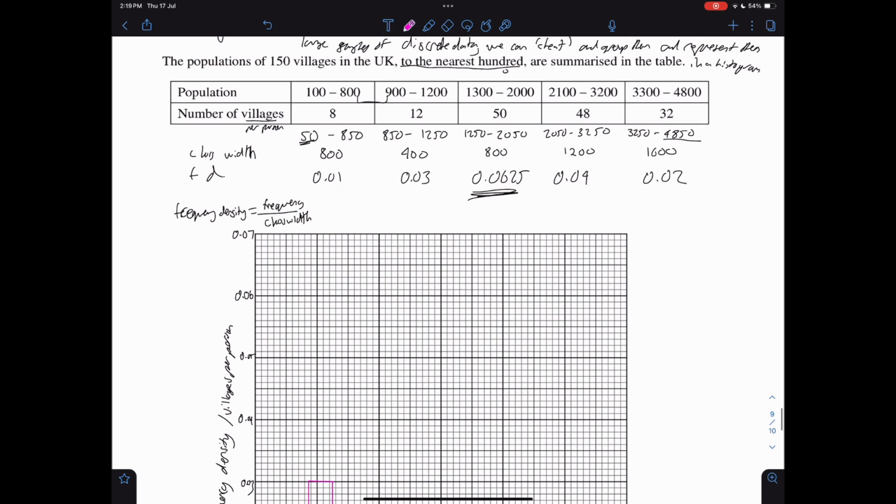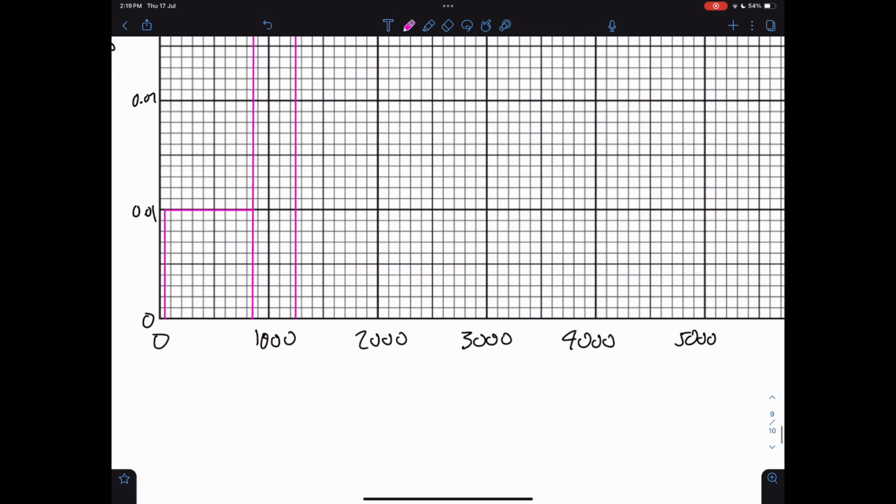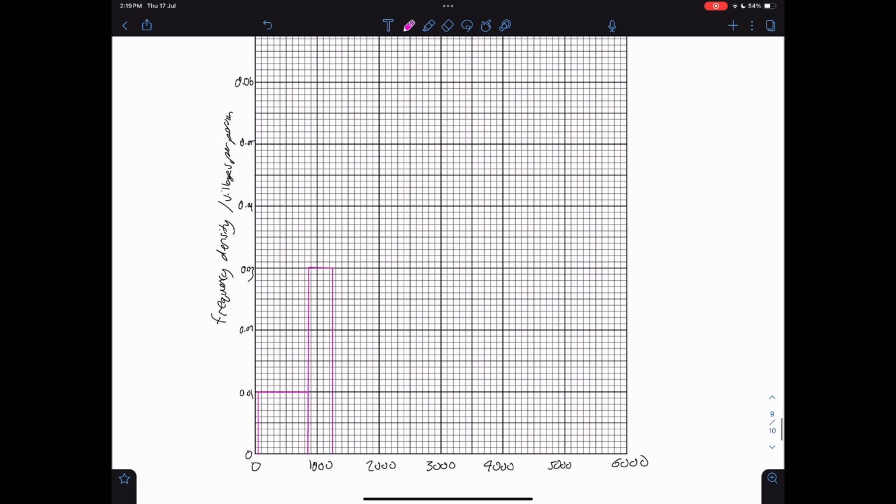Then we're going from 1250 to 2050. And we're going all the way up to 0.0625.